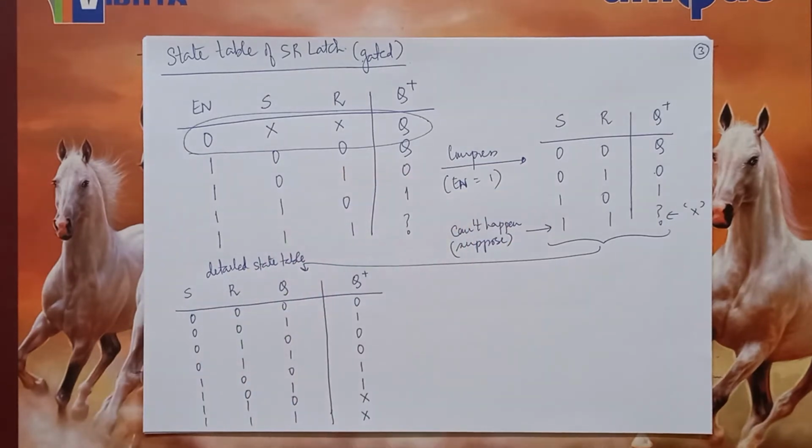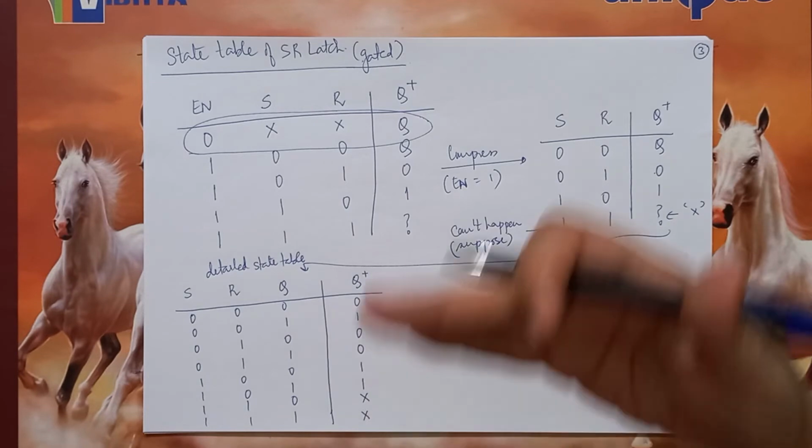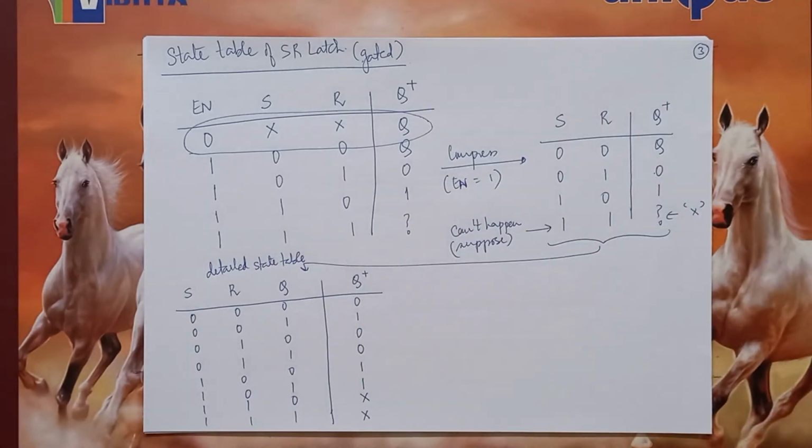We know Q. But there is a Q plus which we expect in future. Suppose I want a 1 or a 0, I can expect that. So if I know what is my present state, and if I know what I would like to see as my future state, then can I make this happen?